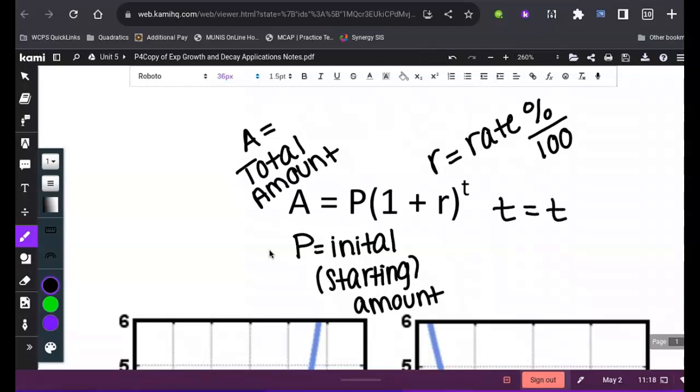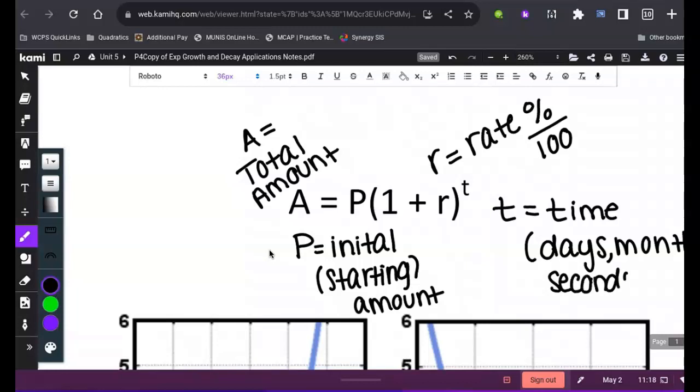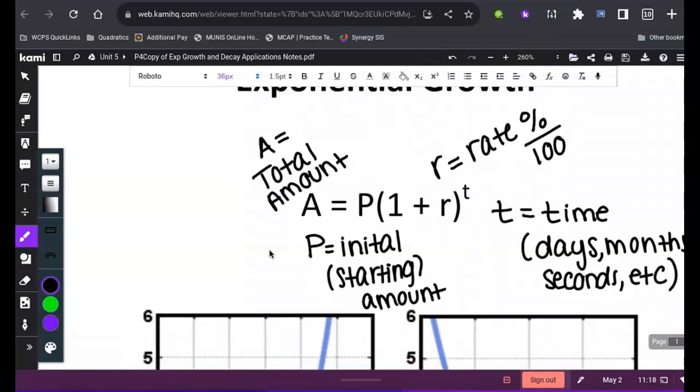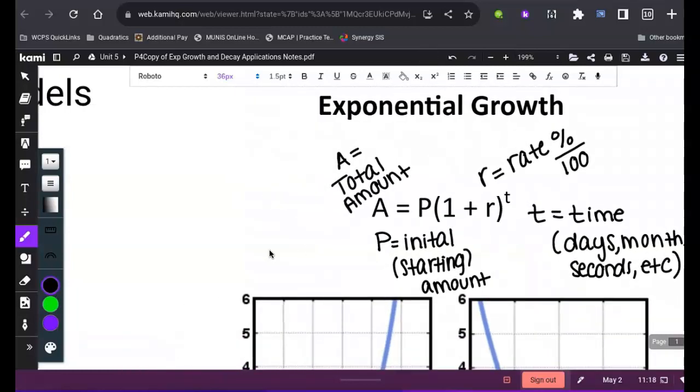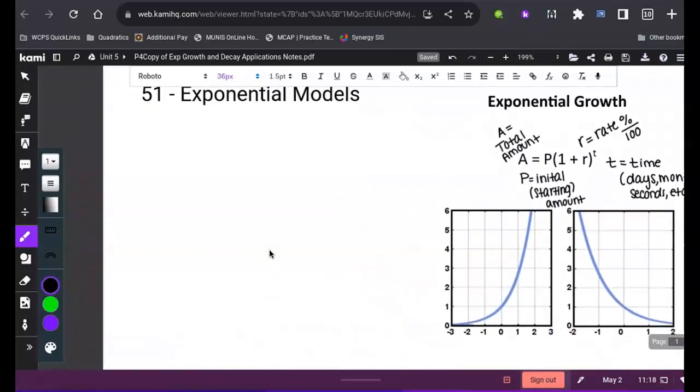And then T represents time. Time could be days, months, minutes, or years. There's a bunch of different ways that we can measure time. We're mainly going to be using years for the examples that we're going to be doing today.